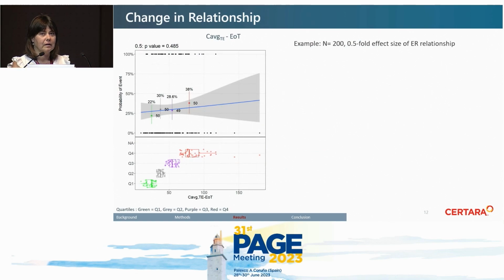Now here are the results of our logistic regressions. I will illustrate the results on one example. This is the 200 patient data set, and we use here the 0.5-fold effect relationship, just because it's the prettiest to show in the figures, really.